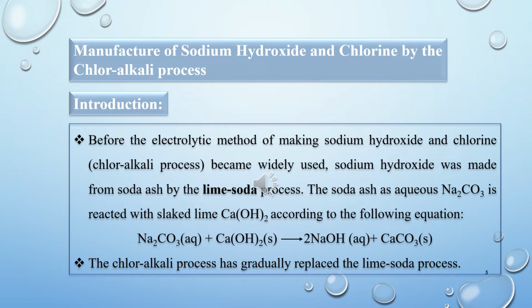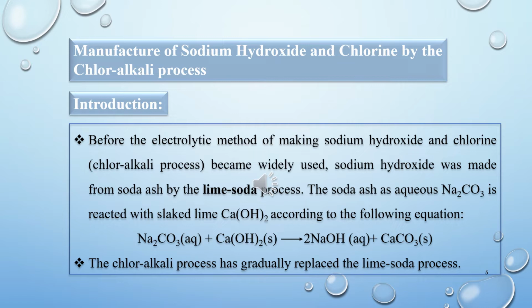Here, sodium carbonate reacts with calcium hydroxide and forms sodium hydroxide along with calcium carbonate. The chloralkali process has gradually replaced the lime soda process. And at the end, he said that the chloralkali process, which we are going to discuss, replaced the lime soda process for the preparation of sodium hydroxide.